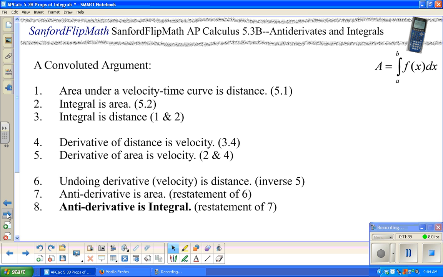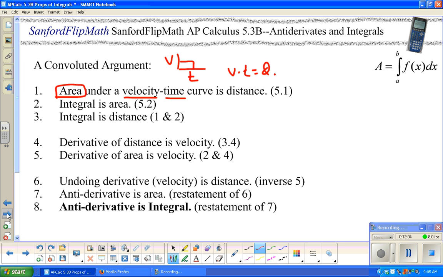So they're discussing this whole relationship between area and velocity. And if you recall from the beginning of this chapter, the area under a velocity time curve is distance, because it's velocity versus time. And when you multiply them, it's basically velocity times time, which is distance, and that's no big stretch.